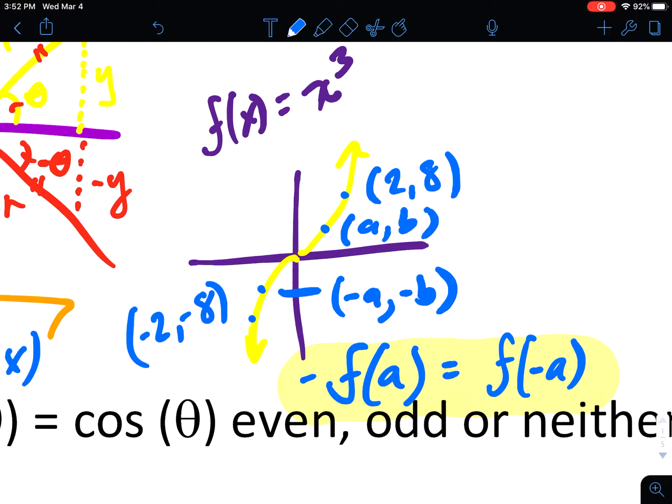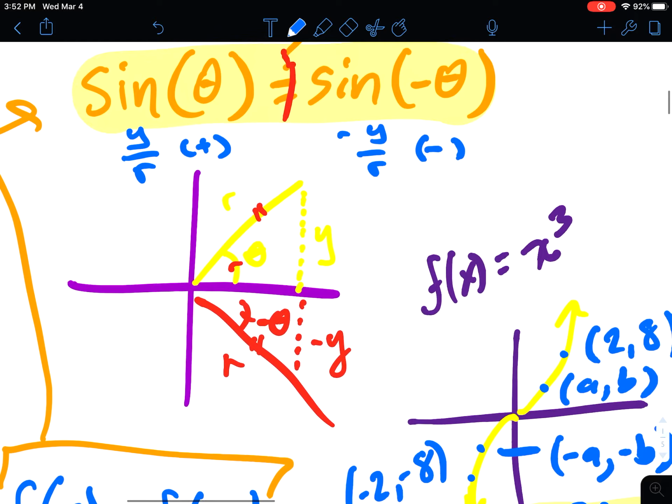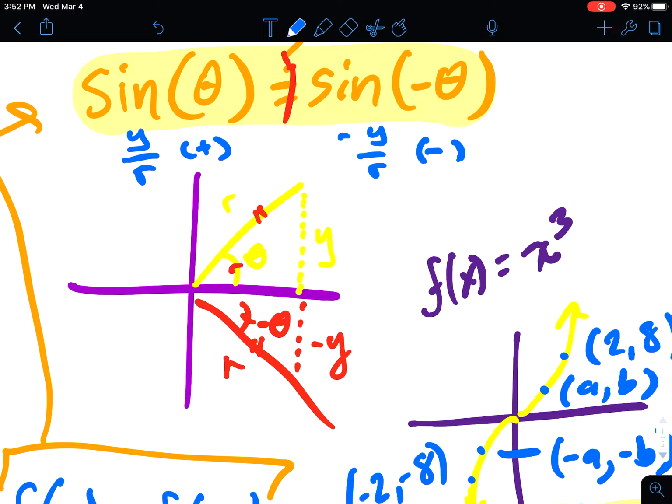And that's what we see with sine. If we come back over here, we saw that sine of theta gave us y over r positive. Sine of negative theta gave us negative y over r.